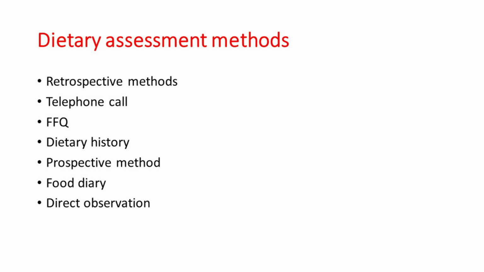Positive aspects of the method include ability to obtain representative random days of intake and decreased cost of administration. Negative aspects include inability to obtain interviews from those without telephones and from those who find telephones difficult to use, and errors in reporting portion sizes.